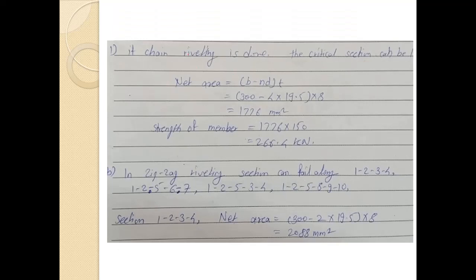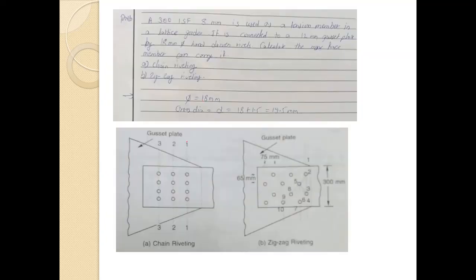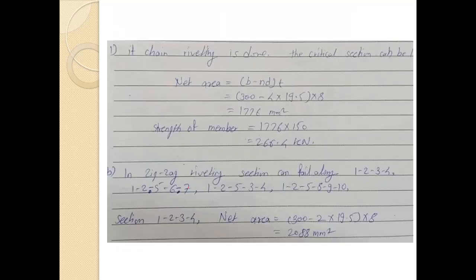First, if chain riveting is done, the critical section can be this 1-1. Here you can see the number of rivets is 4. So the net area is (B minus nD) into t. We have 4 rivets, so 300 minus 4 into 19.5, into the thickness of the plate.